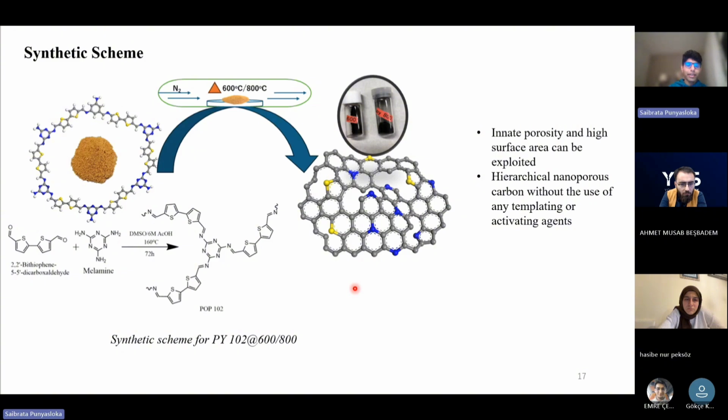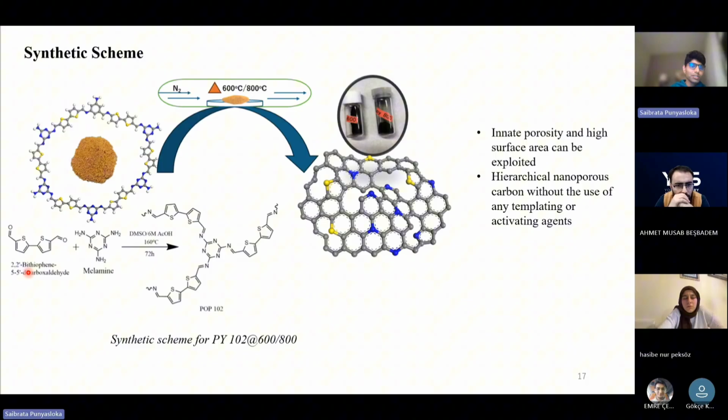So the other way of doing the same thing is to take a self template, which already has pores, and just make a carbon out of it. This process is quite simpler. Even though the difficulty at this moment is it may not give us precise control over the pore size, still it works to a great extent very nicely.